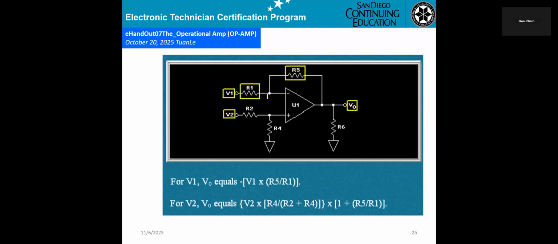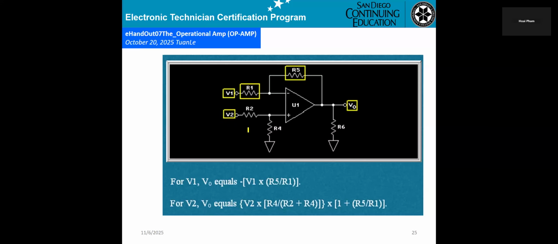That means we want 0 in here. So we're working on V2, it will be a non-inverting amplifier. So V out equal V2 times R4 divided by R2 plus R4. That means you get a V2.